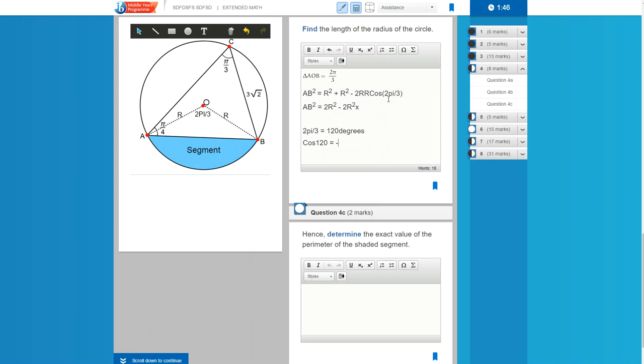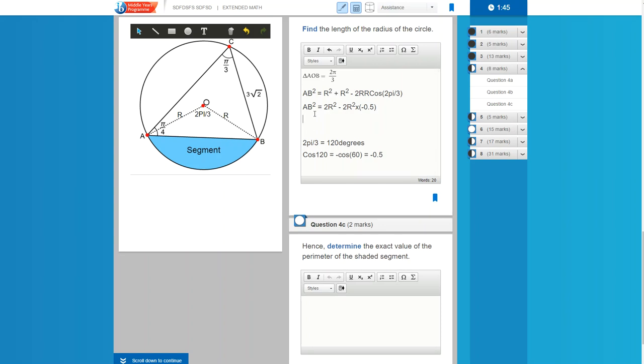Okay, that all comes back to the graphs of cos and using the triangles, so it's negative 0.5. Okay, so I can put this in up here, multiplied by negative 0.5.